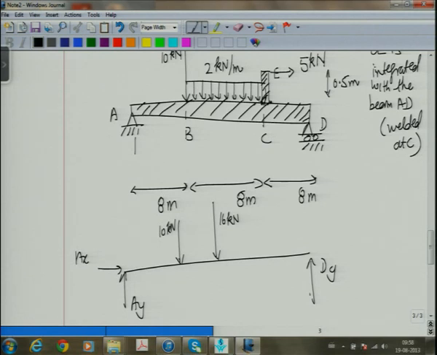It will be 5 kilonewtons force and a moment which is equal to R cross F. So, 0.5 into 5 kilonewtons acting in the clockwise direction.